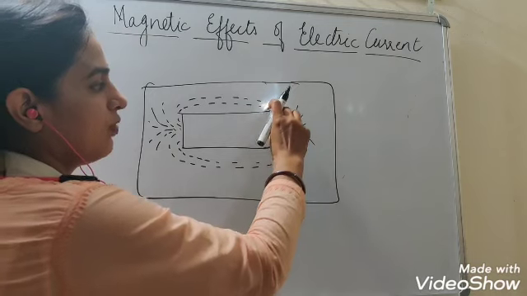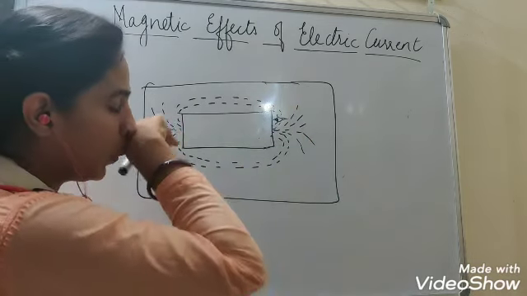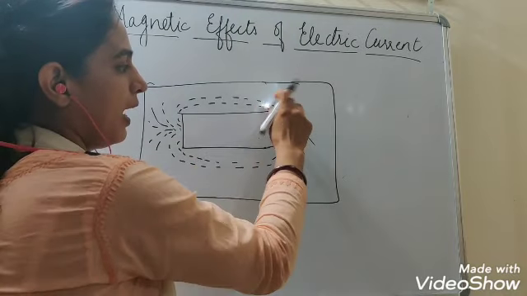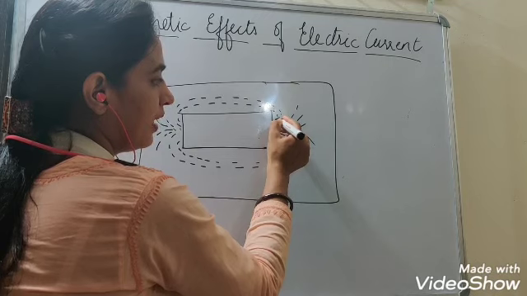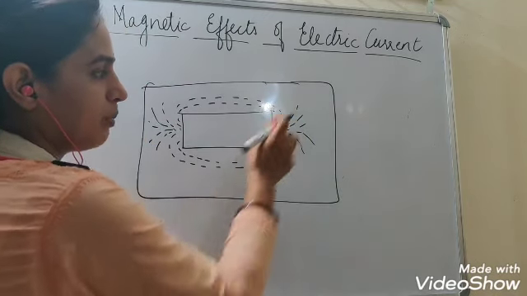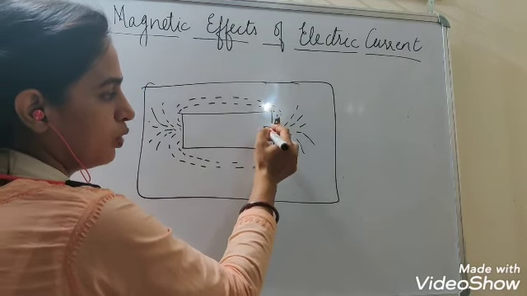Now, this magnetic needle will get deflected according to whatever pole is over here, and it will get aligned in this manner. That means this side is the north, here this is the south pole.